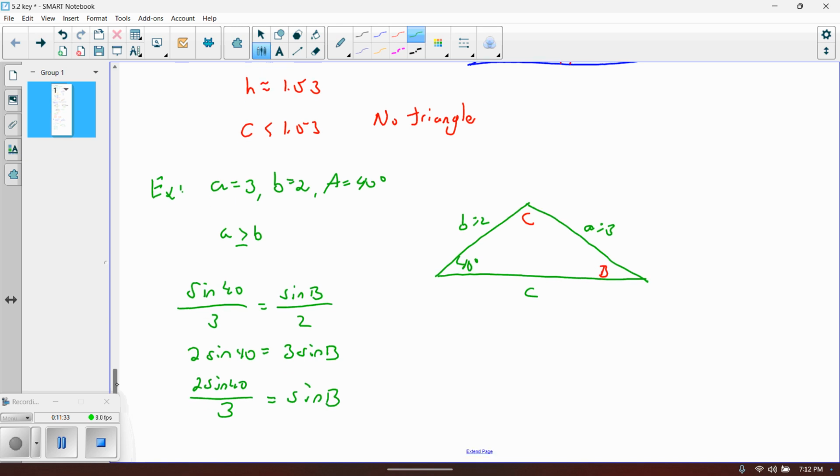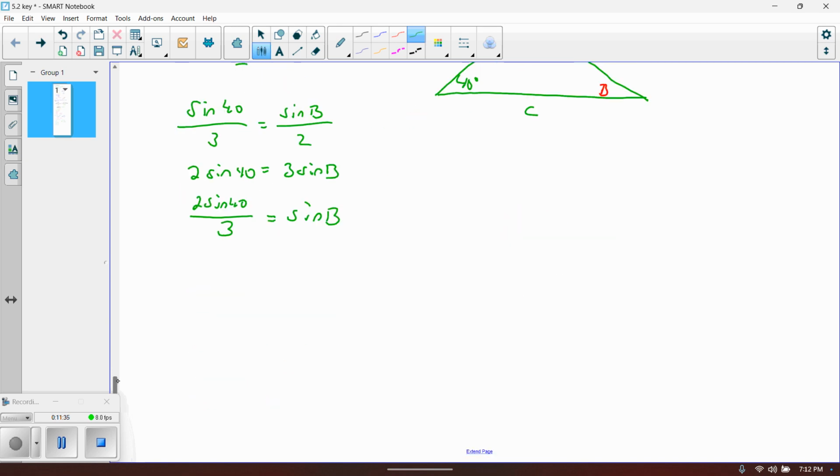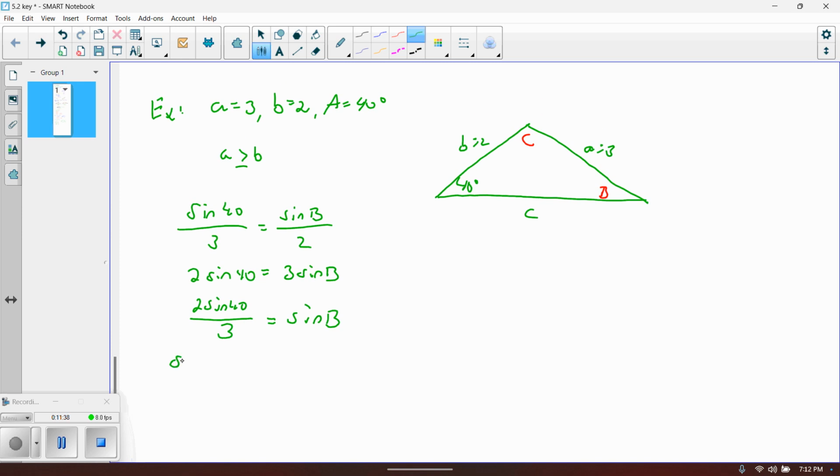So we would take the inverse sine of both sides of this, and we would get the inverse sine of 2 sine of 40 divided by 3 equals B.